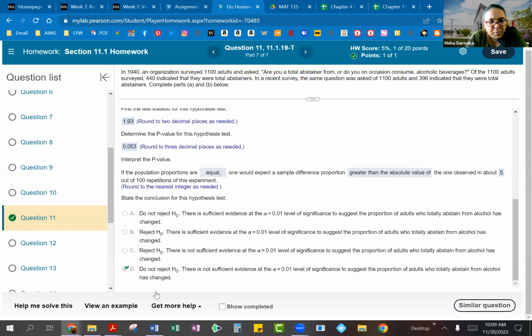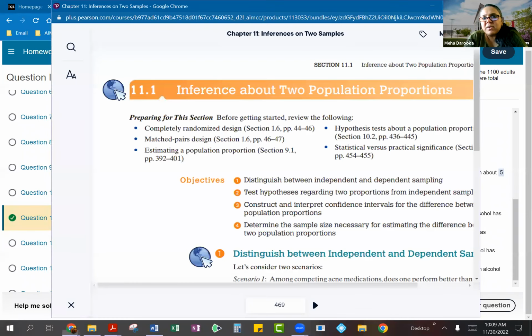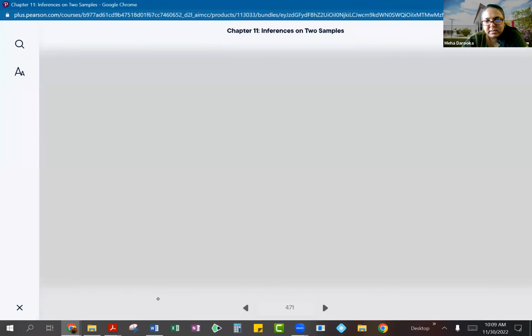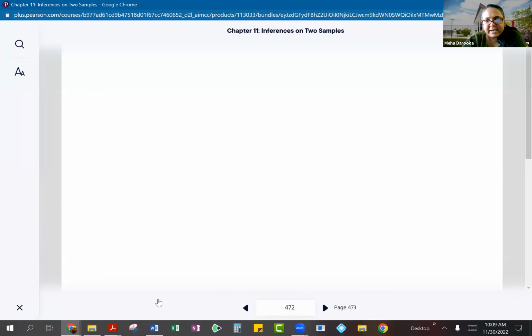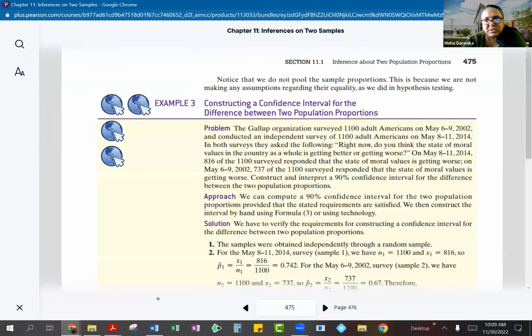Another thing I wanted to point out was, if you go under the textbook page, and I'm just going under the textbook for this particular section, but of course, it's going to be there for the other sections as well. If you go towards the end of the section, they actually have a technology help section, which shows you the step-by-step instructions.